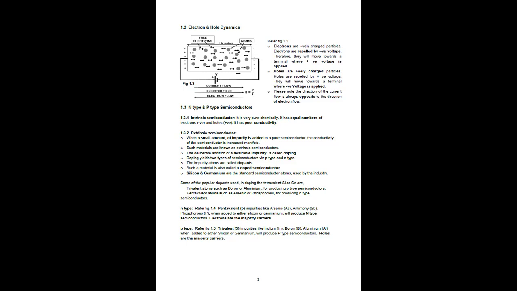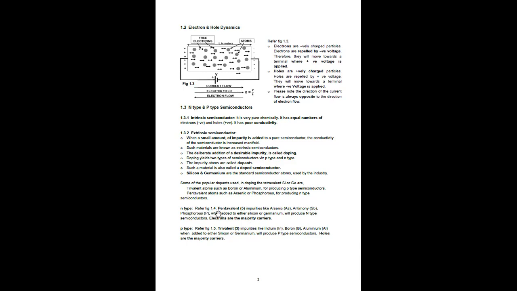So it means in P type, the holes are the majority carriers, while in N type, the electrons are the majority carriers, because by introducing the N type dopant we will have one extra electron. In pentavalent atoms we have five electrons in their outermost shell, while silicon and germanium have four electrons, so 4 plus 5 is 9.